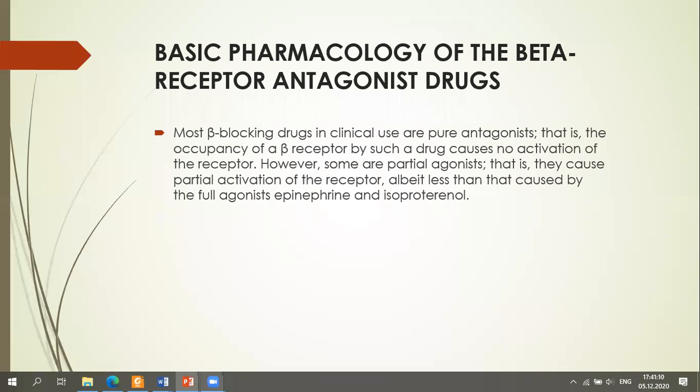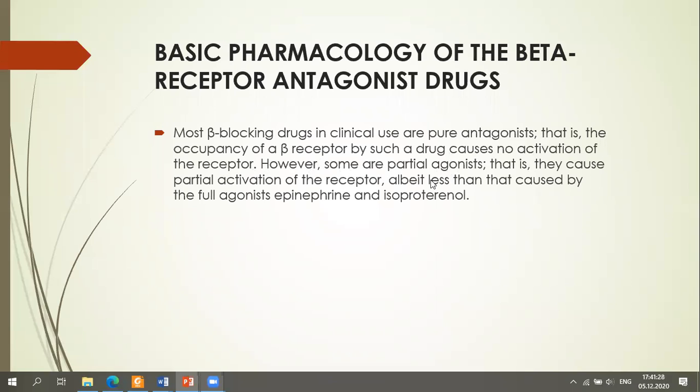What is the basic pharmacology of these beta receptor antagonists? Most beta blocking drugs in clinical use are pure antagonists. That is, the occupancy of a beta receptor by such a drug causes no activation of the receptor.